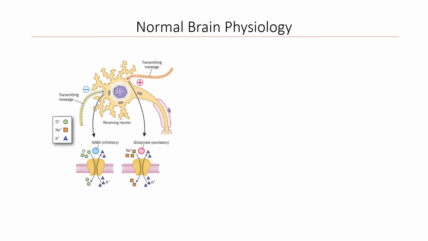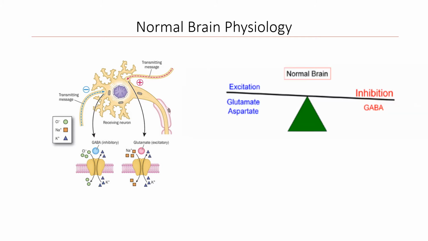Conduction of changes in membrane potential in a neuron along its axon causes the release of chemical neurotransmitter into the synaptic space, through which one neuron communicates with another neuron. The primary inhibitory transmitter is GABA, or gamma-aminobutyric acid, and the main excitatory transmitter is the amino acid glutamate.